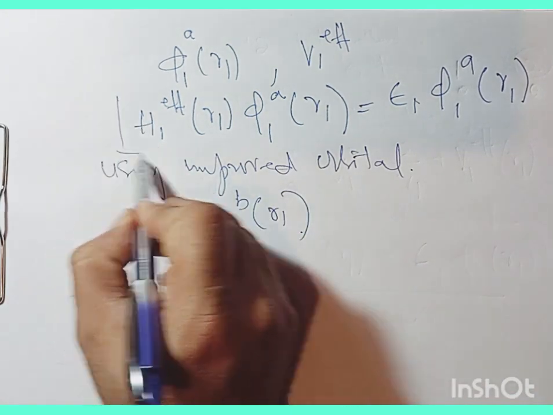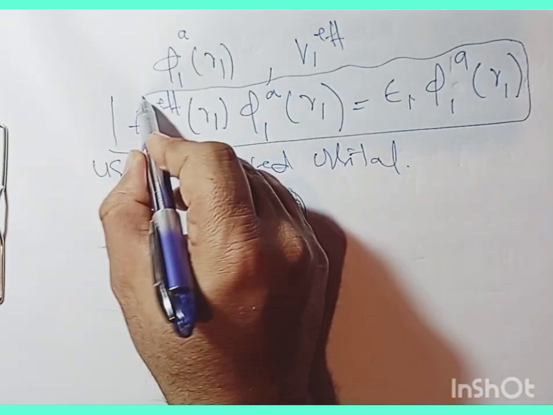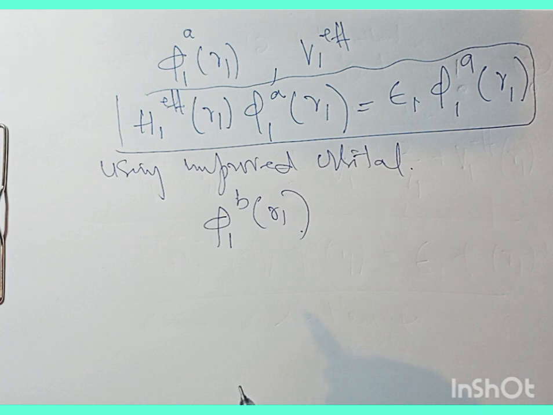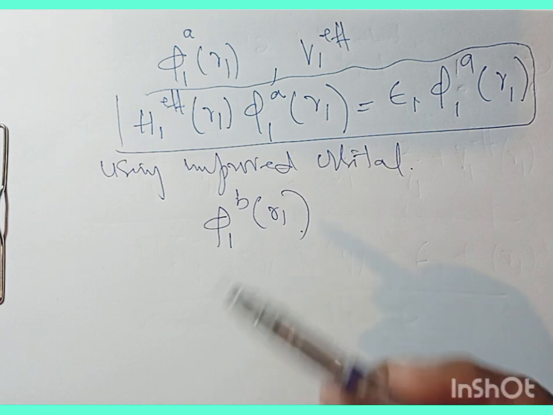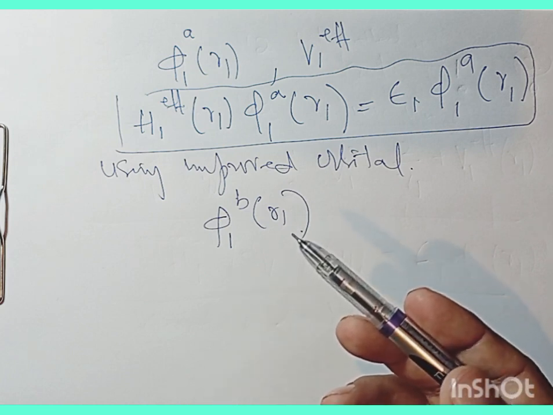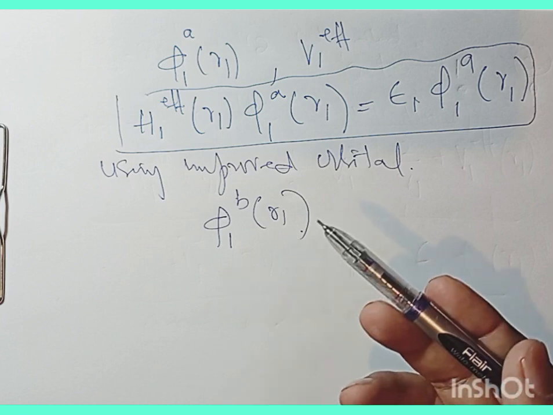So this is my updated situation here, right? And one of two things can happen. This process can go on, and every time we will have an updated orbital.